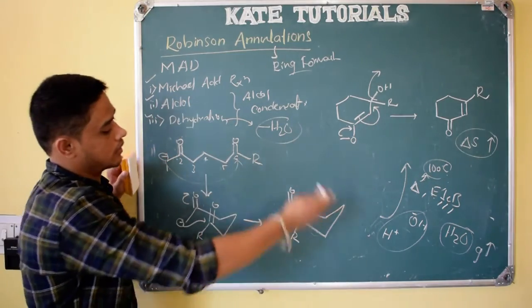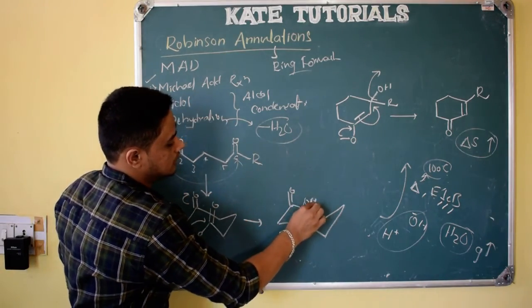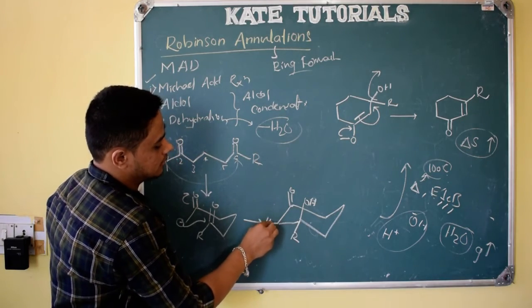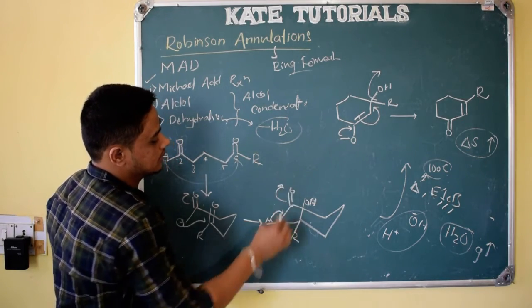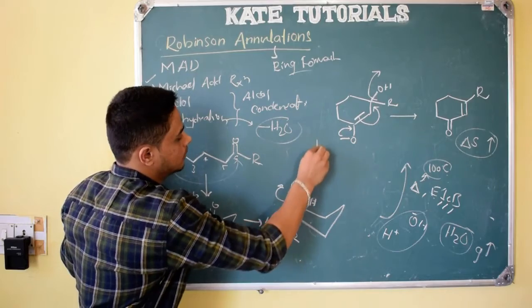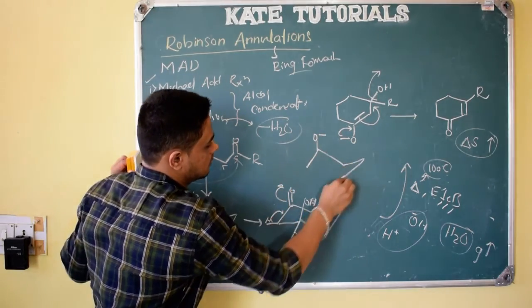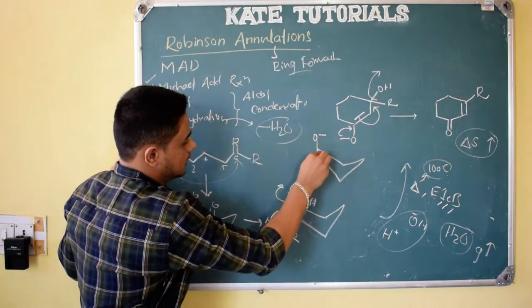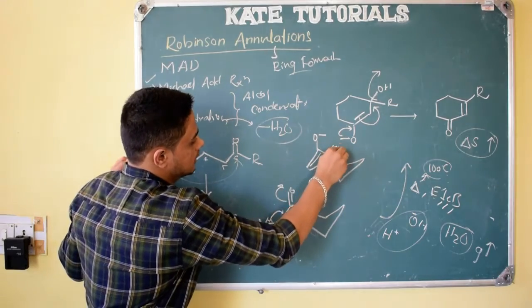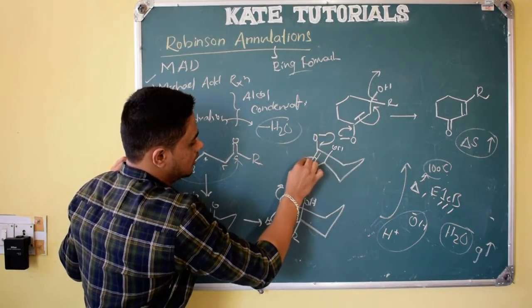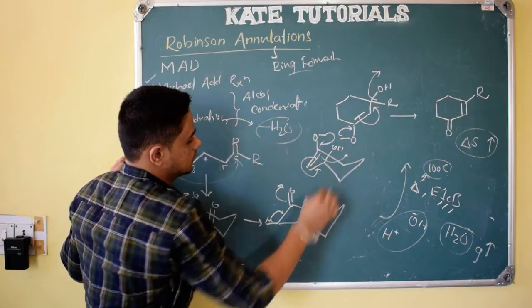In a protic solvent, we will get OH, and through an E1CB reaction, like the conjugate base, keto-enol tautomerism, O minus will be there, a double bond will be there, and here OH, elimination of a water molecule occurs, right?